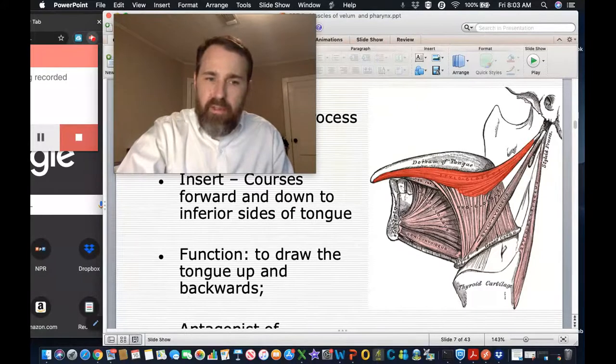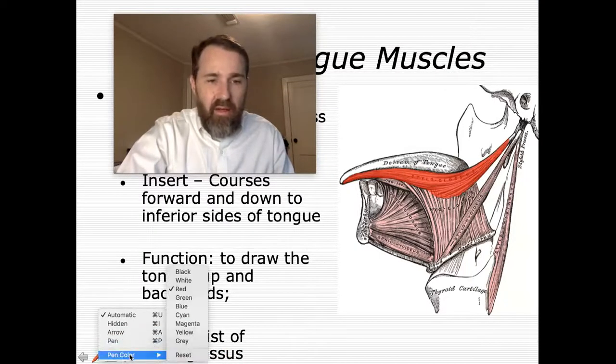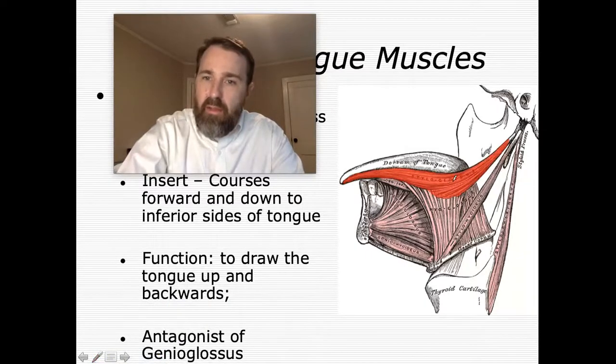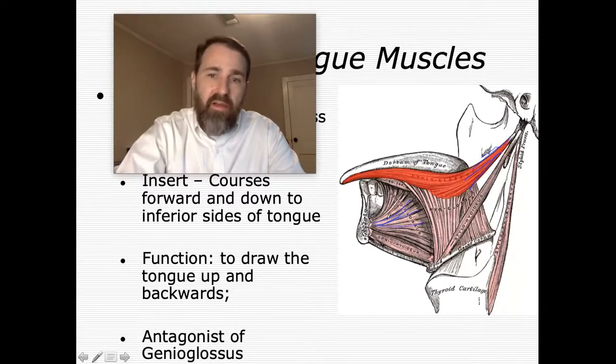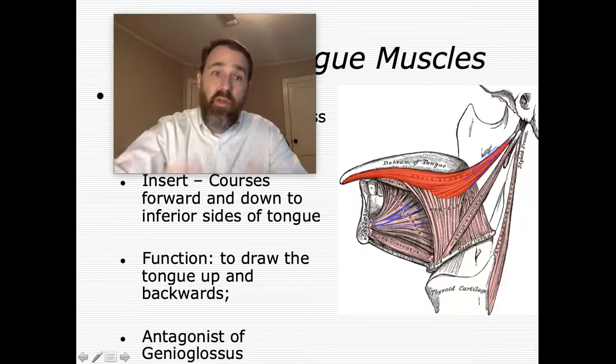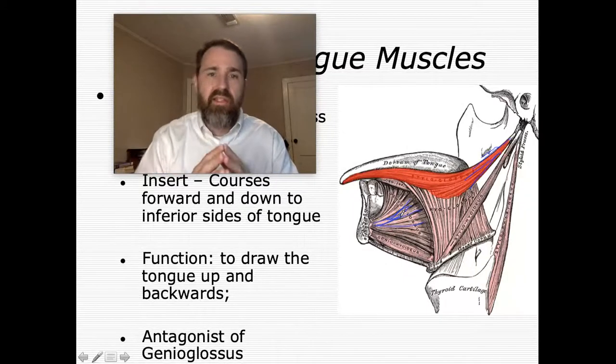And also, if you look at the angle of the fibers of the styloglossus, so coming down at this angle right here, and if you look at these fibers of the genioglossus, you can see that some of the fibers of the genioglossus will directly antagonize those muscles of the styloglossus.